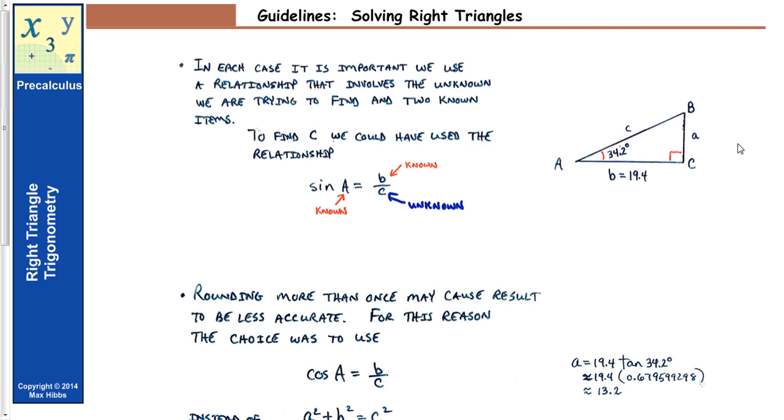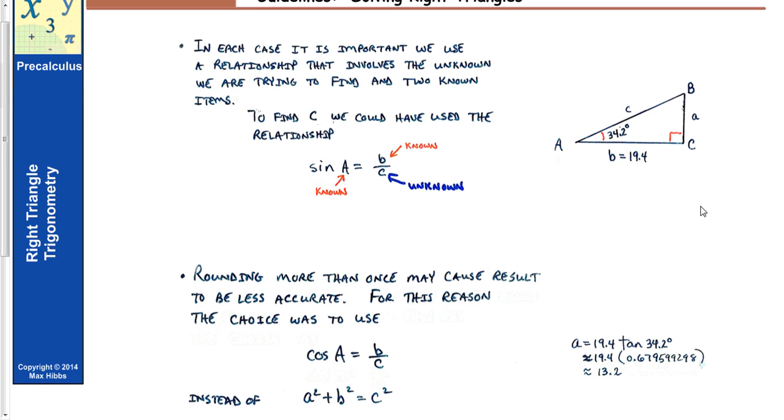Because we had already calculated the length of the opposite side. But here's the reason that I chose not to do that: the length of side A was a calculated and approximated value. And so if we had an A in this position, although we know it now, it would have been an approximation.